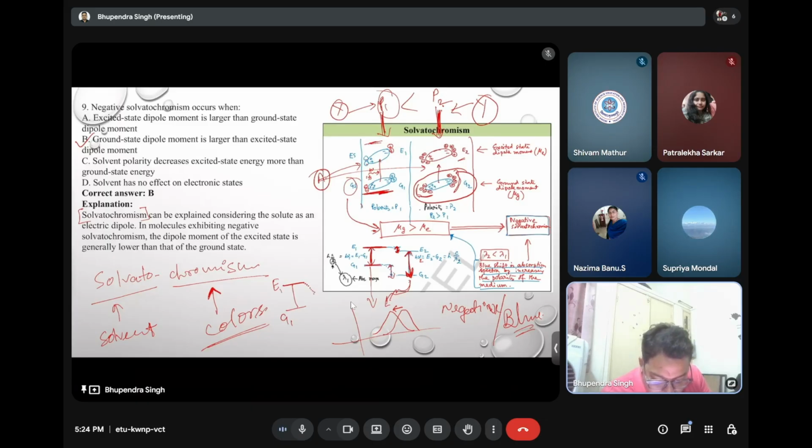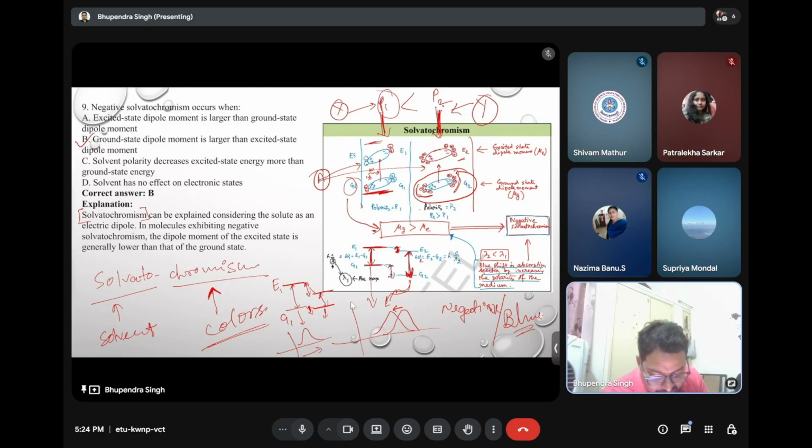It will stabilize more compared to this. So this difference is less, this difference is high, and this difference will be low. Let's say your emission was here in this case, but now what will happen?